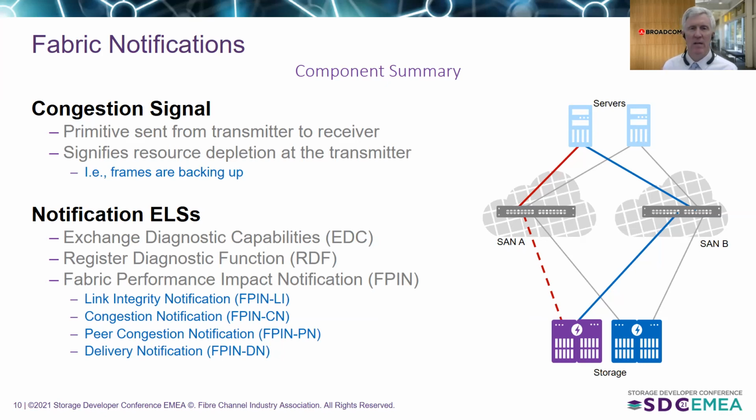These include a link integrity event, such as a marginal physical layer issue on a marginal link; a congestion notification, where a local port is congested due to, say, read oversubscription; a peer congestion notification, which indicates that there is downstream congestion, write oversubscription, if you will; and a delivery notification that indicates when a frame, a command frame for example, has been discarded in the fabric or an end device due to the inability to move that frame through the fabric for whatever reason.